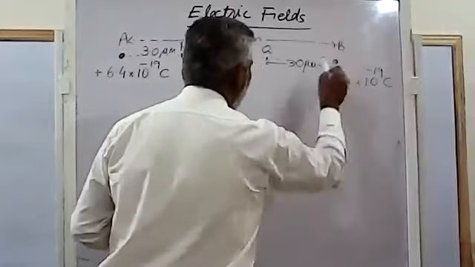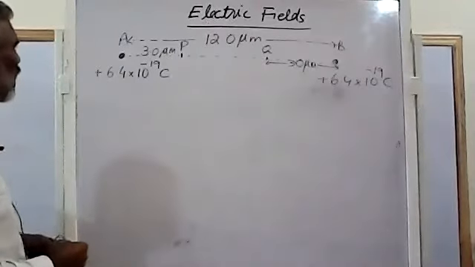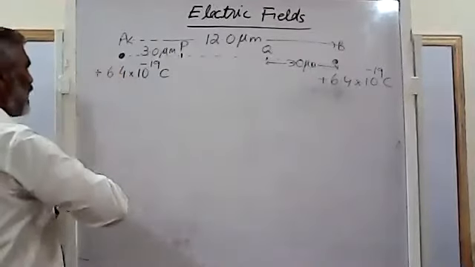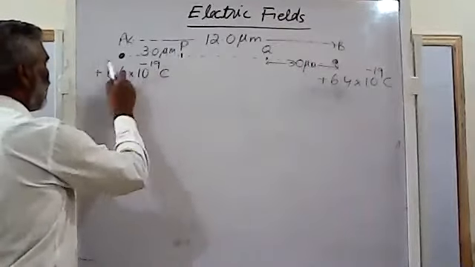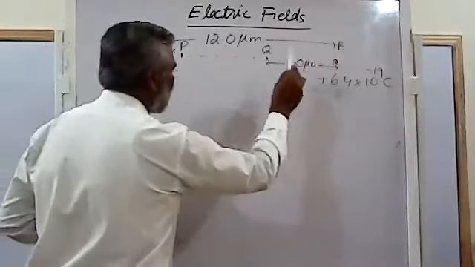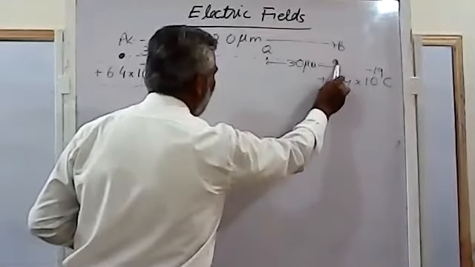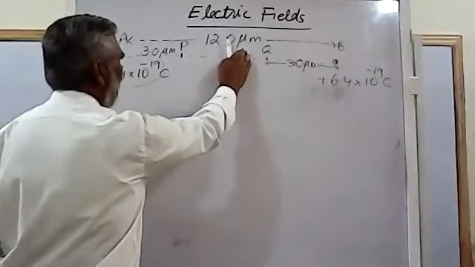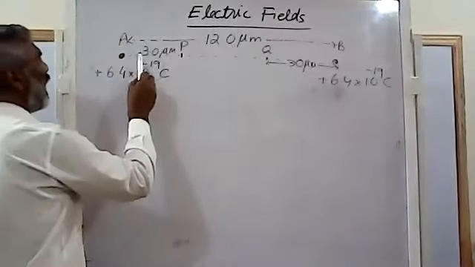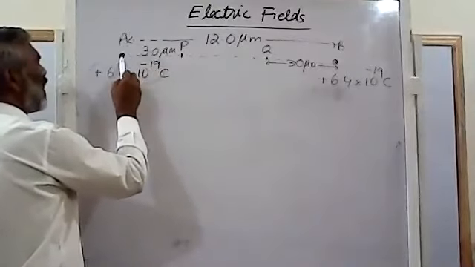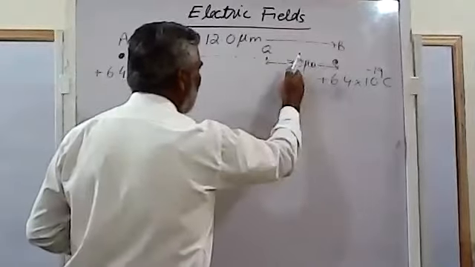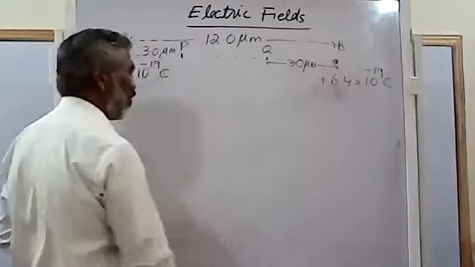Its distance from this charge is also 3 micrometer. So this charge, which has this magnitude and the same magnitude of this charge, they are placed 12 micrometer apart, and at 3 micrometer from this charge, we have a point P, and at the same distance from this charge, we have a point Q.